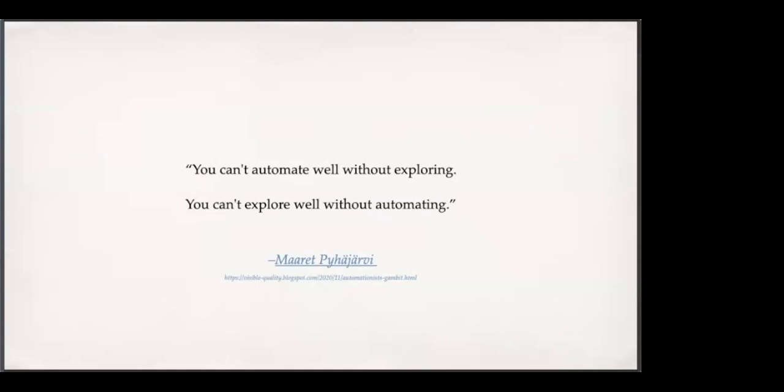It's a very good blog post. She meant that the two need to work hand in hand. You can't automate well without walking through the system, finding those initial bugs.